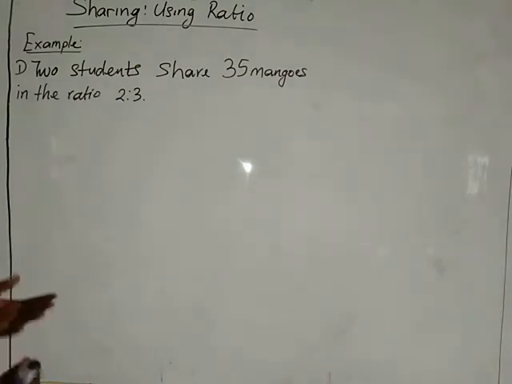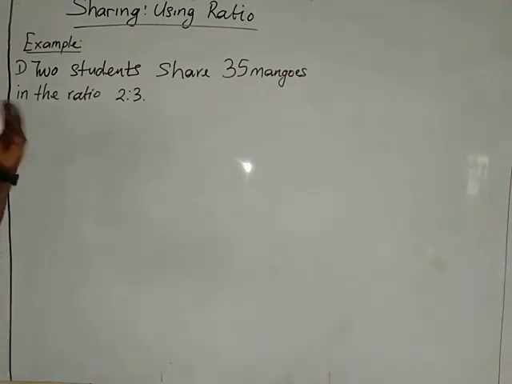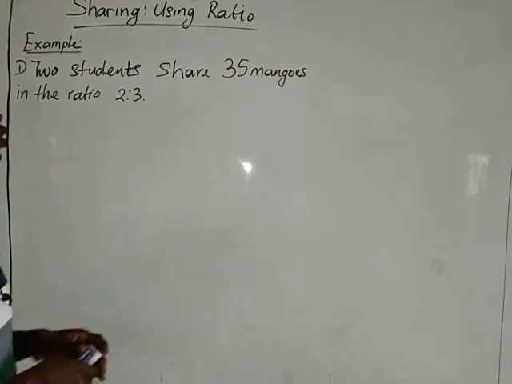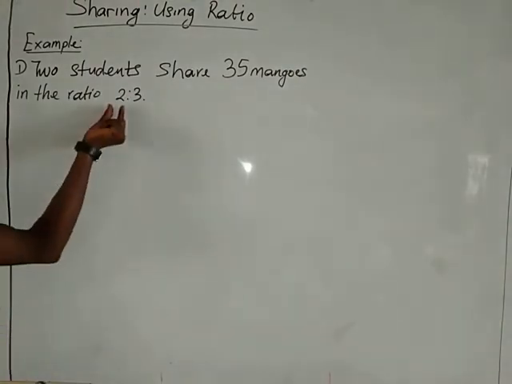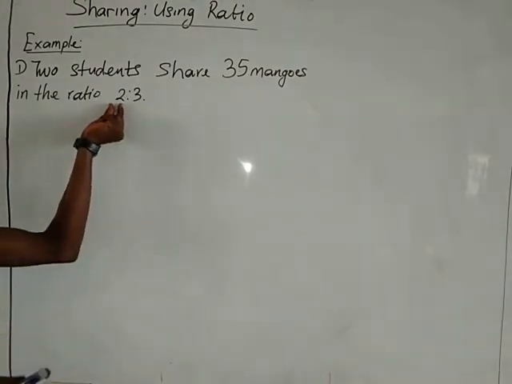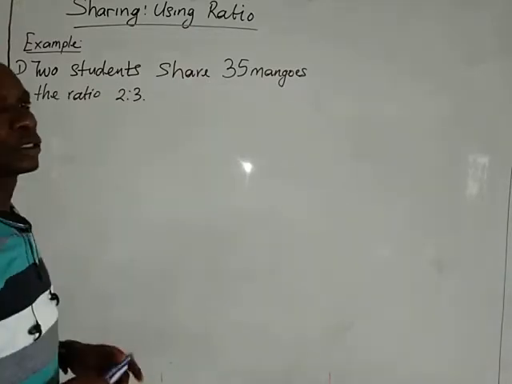This question is trying to explain that we have two students who are to share 35 mangoes, such that for the first student getting every 2, the second one is getting 3.